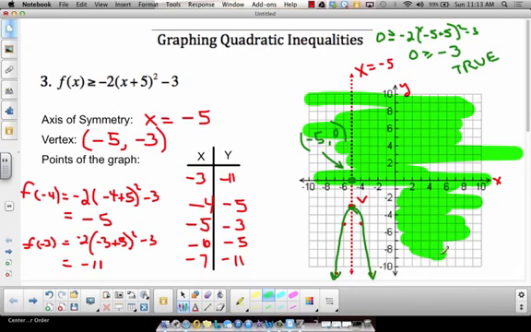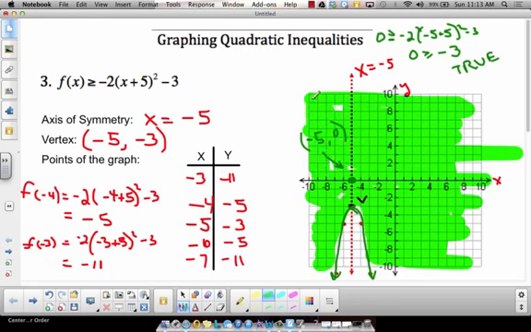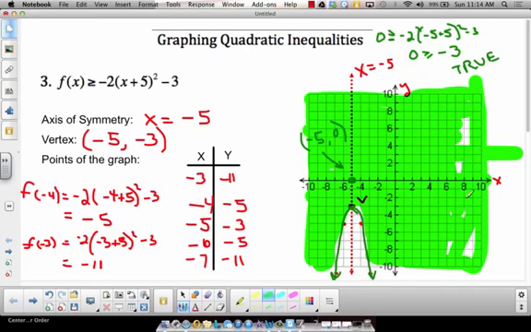We shade the area that's true. So I'm shading all of this. Try to get close to the parabola and fill in most of the spots. Good enough for government work. So now you see that where our shading is, it's everything that's on the outside of the parabola.